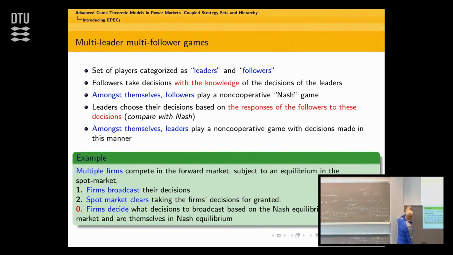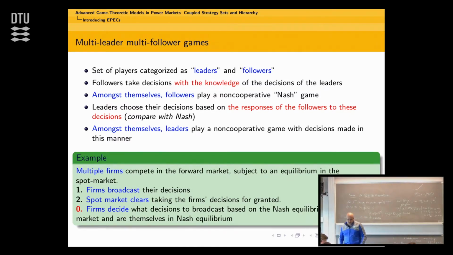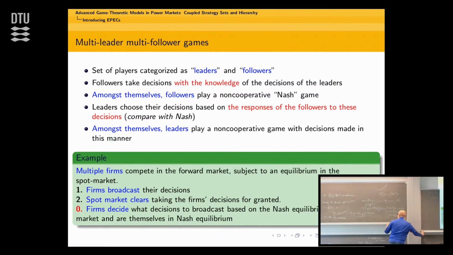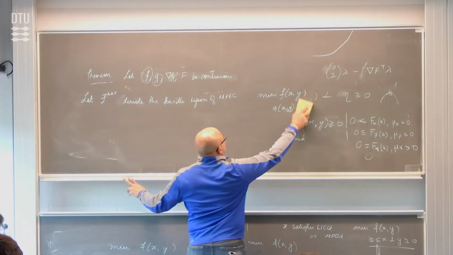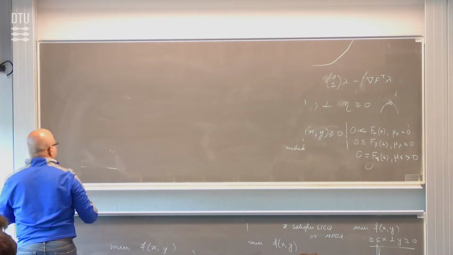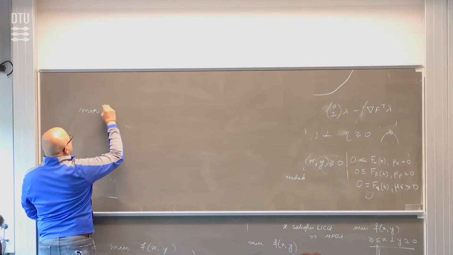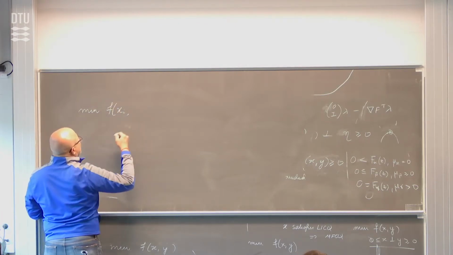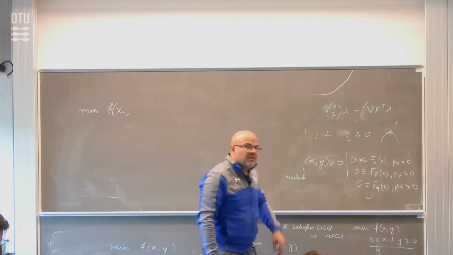If you look at what I just did, I said f of x_i. Now suppose I have a situation where you have Stackelberg leaders that are competing in Nash.